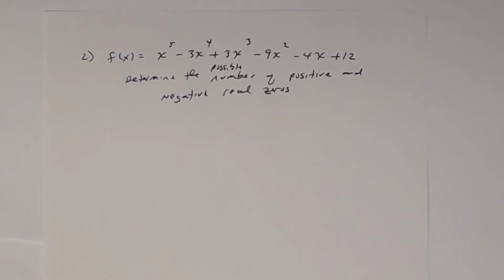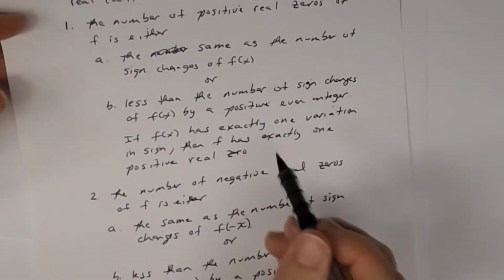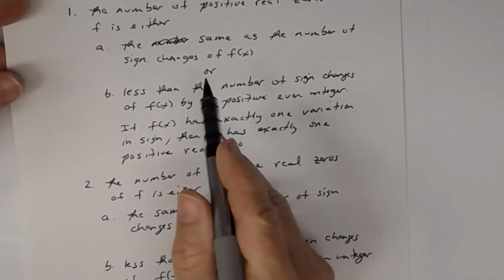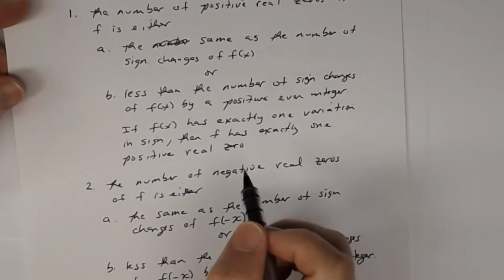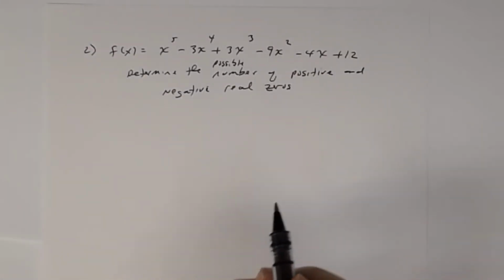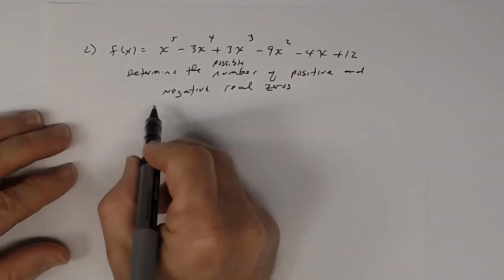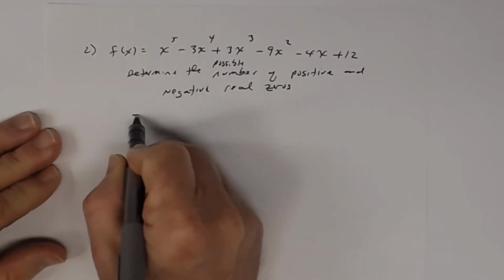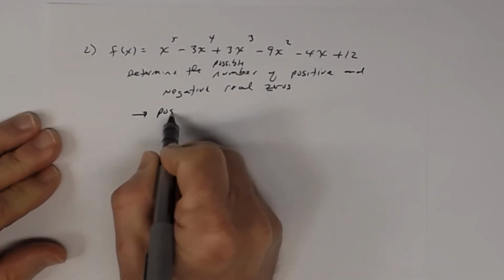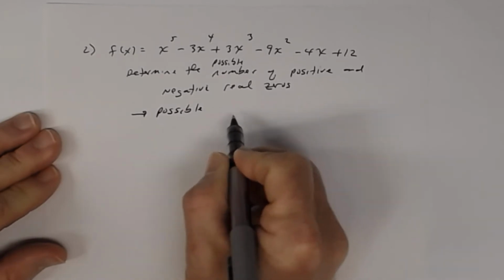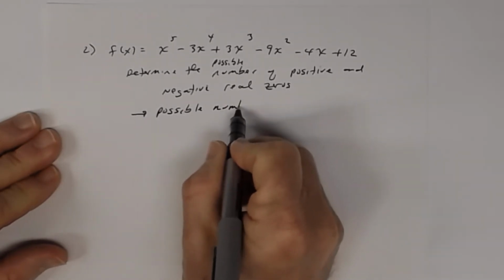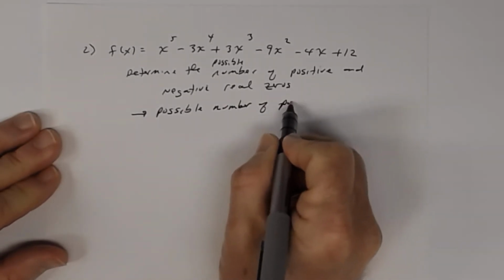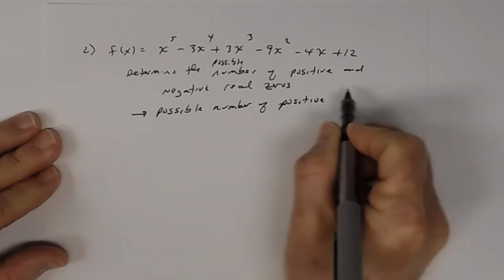All right, so remember Descartes' rule of signs, there are 2 parts. You've got to look at f of x, and you have to look at f of negative x. And then you look at the sign changes. Okay, that's all it is. So let's first talk about the possible number of positive real zeros.